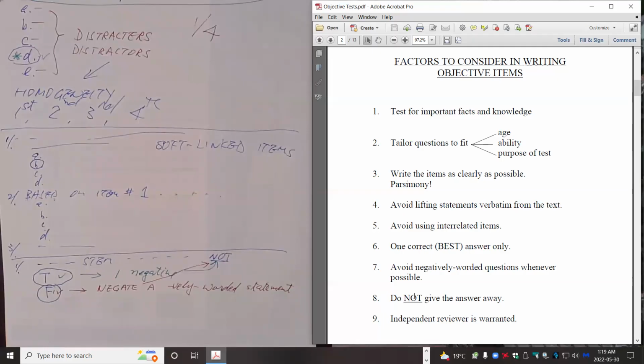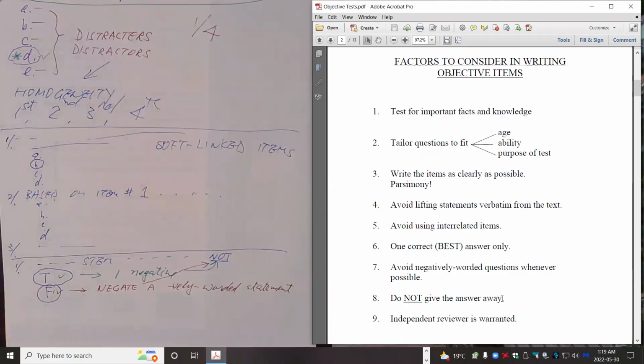Do not give the answer away. Remember our test wiseness lecture. Having information in the stem of one item provides the answer to another item. So that's a giveaway. Also, do not provide secondary cues. Remember grammatical consistency, length, specific determinants, and so on from your test wiseness lectures. Okay?